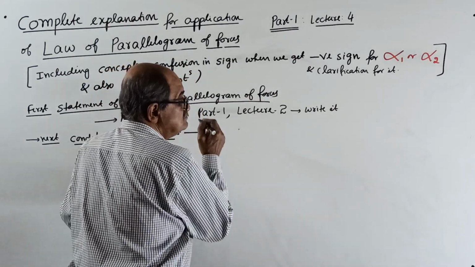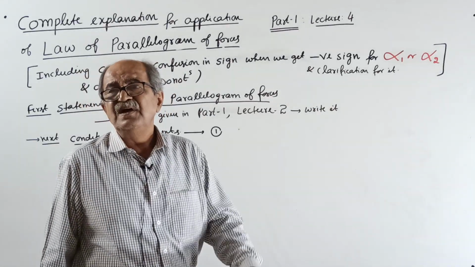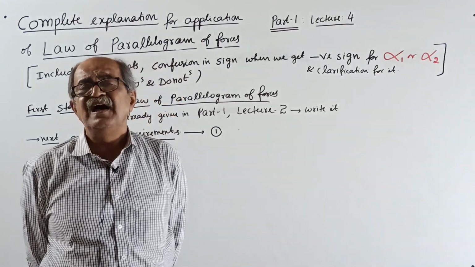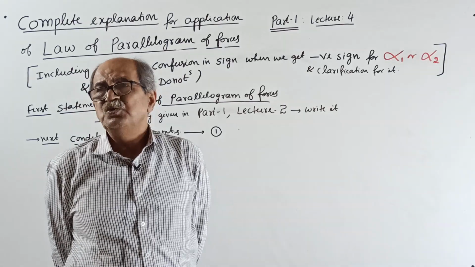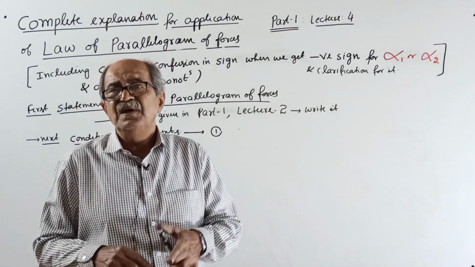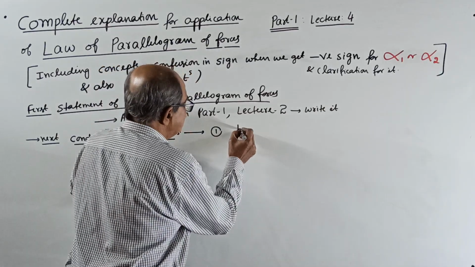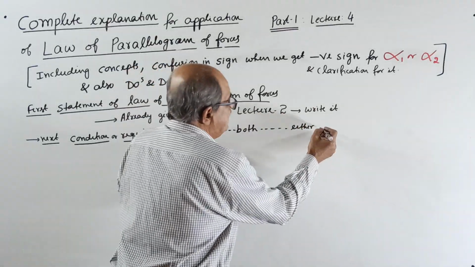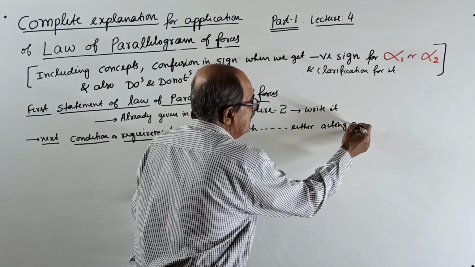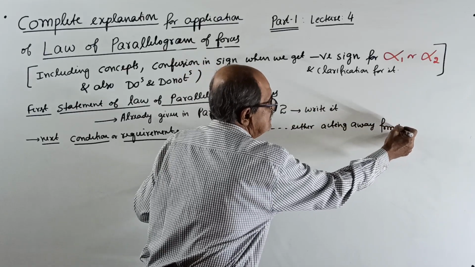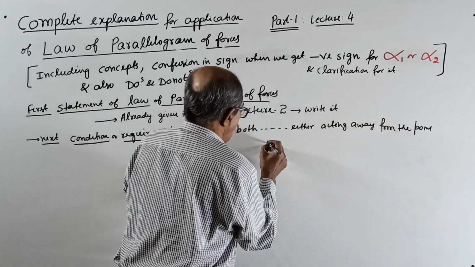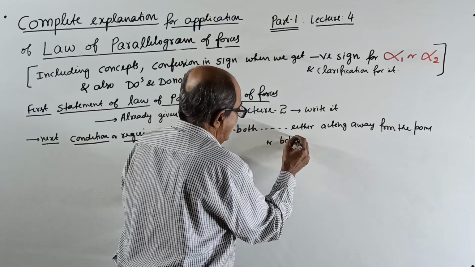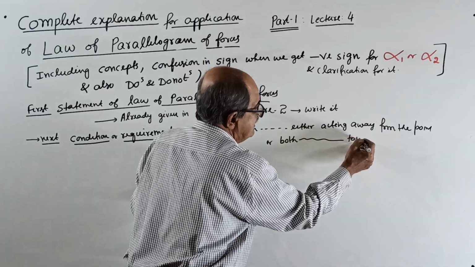When you apply the law of parallelogram of forces, the expression given for R, root of P1 square plus P2 square, etc., and the expressions for alpha 1 and alpha 2, you can apply provided both the forces are either acting away from the point, or both should be acting, you should write it, acting towards the point.